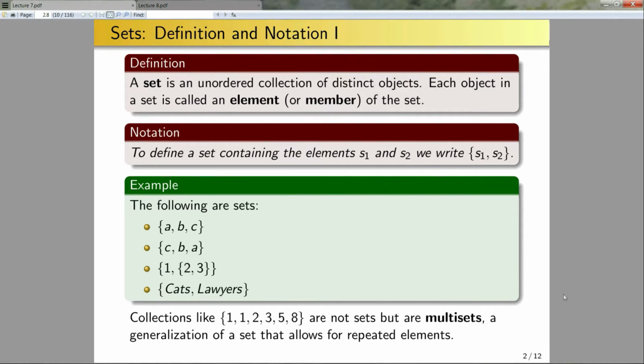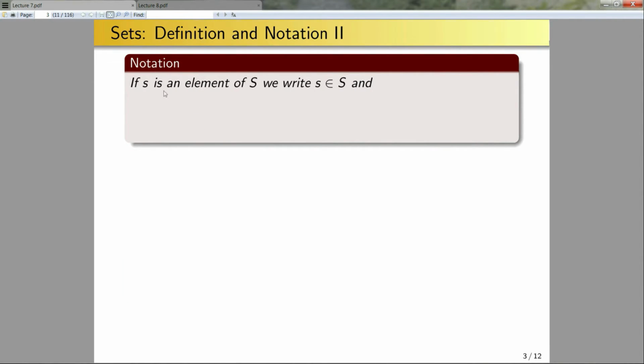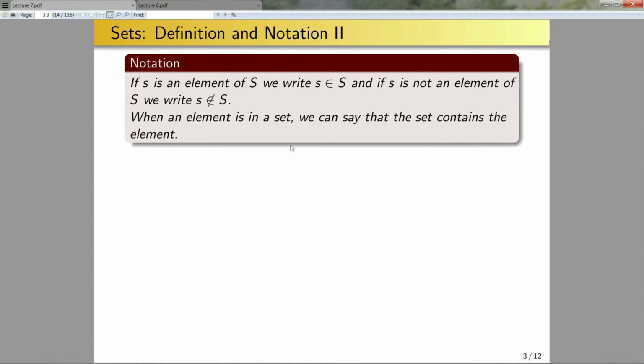Okay, now let's talk about a bit more notation. So if little s is an element of some set capital S, I can write little s is in S using this notation here. And if little s is not an element of the set capital S, I can write little s is not in capital S via that notation. And finally, when an element is in a set, we say that the set contains that element.